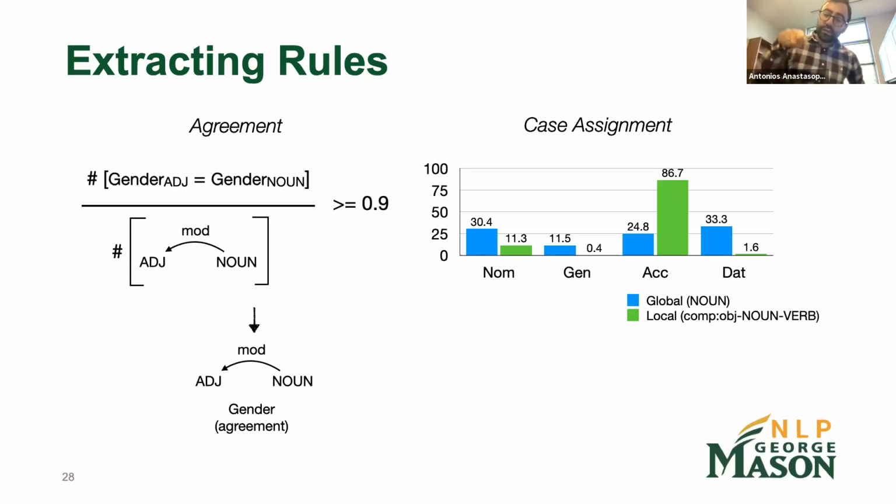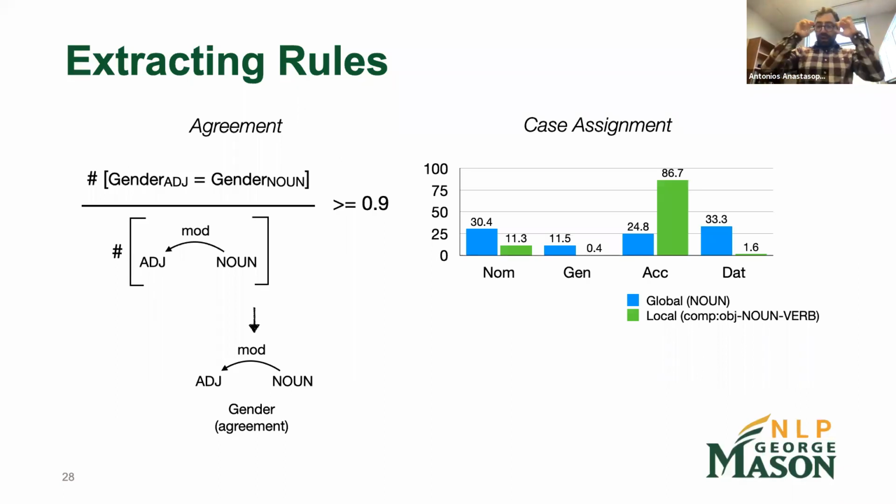Now, if you only look at the nouns that are the object of a verb, right? So you localize now your counts over only the nouns that are linked to a verb through an object dependency link. Suddenly that distribution changes and it becomes that green distribution here. So suddenly 86% of these nouns are in accusative, whereas only 10% of them are in nominative, and there's basically no dative and genitives in there.